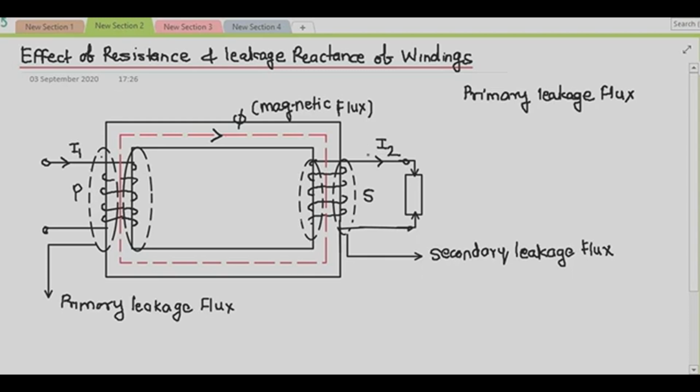The major portion of this secondary flux links with the primary through the magnetic core, right? But some of the flux also completes its path through the air. However, some amount of this flux links only with the secondary winding through air, as shown by the dotted lines, and this flux is called secondary leakage flux.